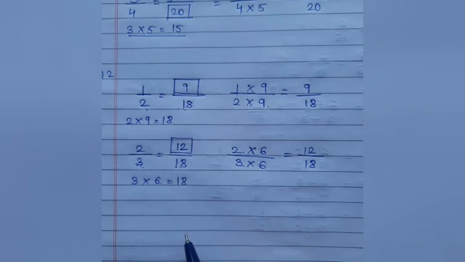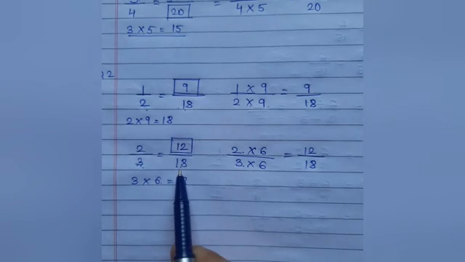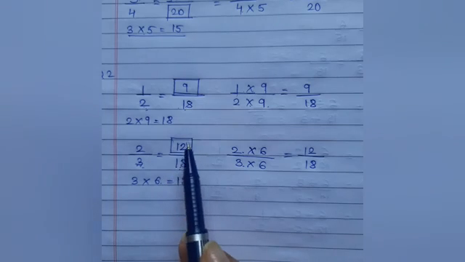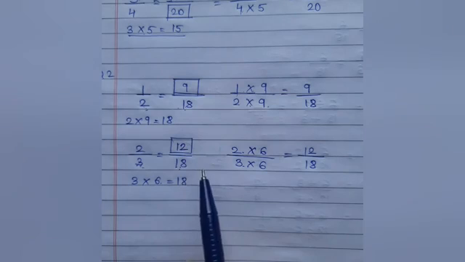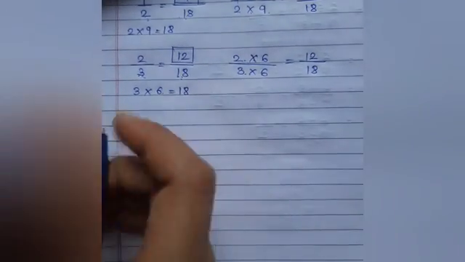Now question 3 also has the same type of sums. That is, in the place of 18, you are given denominator 5 and you are supposed to find the numerator. We'll solve one sum from question number 3.